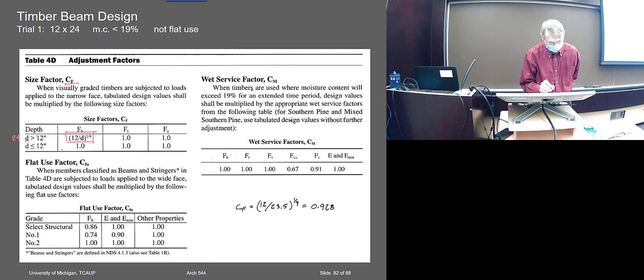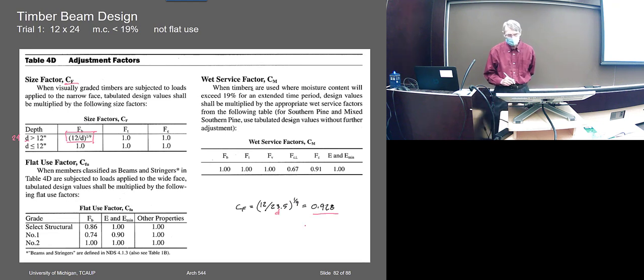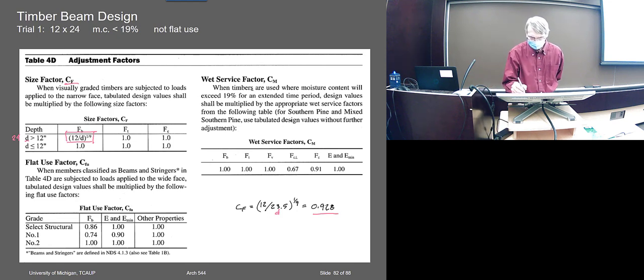See if you can do that on your calculator. So 12 divided by D, to the 1/9 root, looks like it comes out pretty close to 1. CF is 0.9. Okay. Moisture factor, it's okay, will not exceed. So we can take 1.0. Oh, look at this, it's 1.0 anyway.